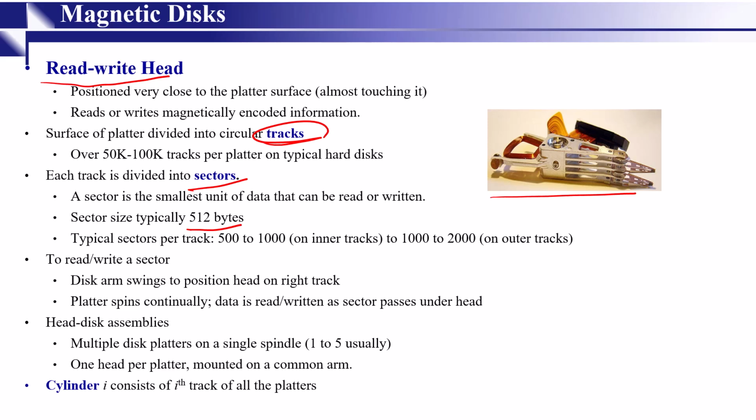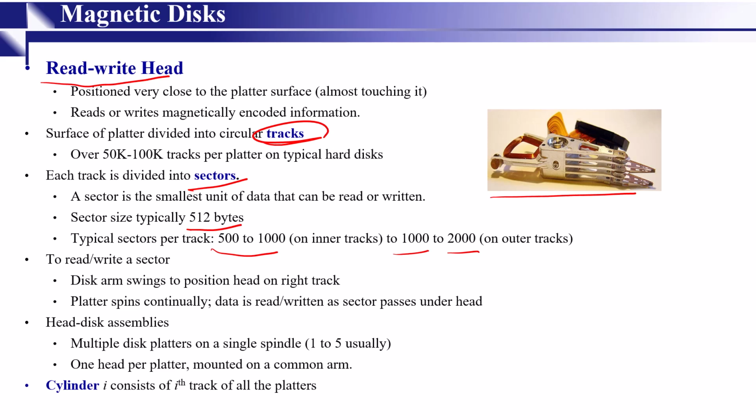The number of sectors per track varies between 500 to 1000 sectors on inner tracks, or 1000 to 2000 sectors on outer tracks.